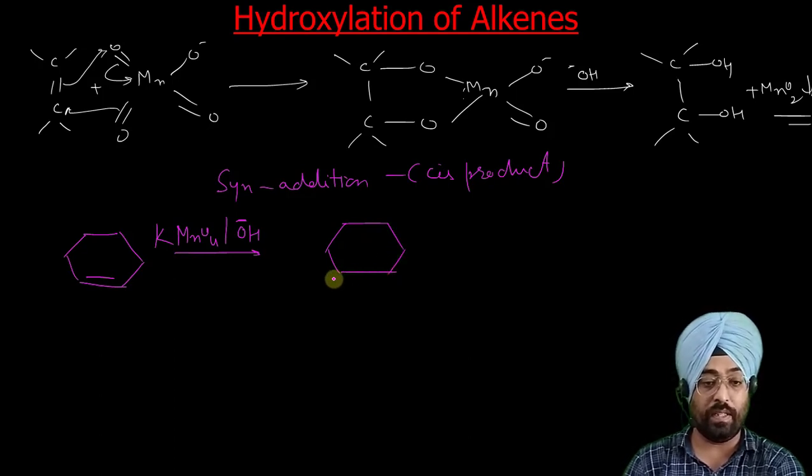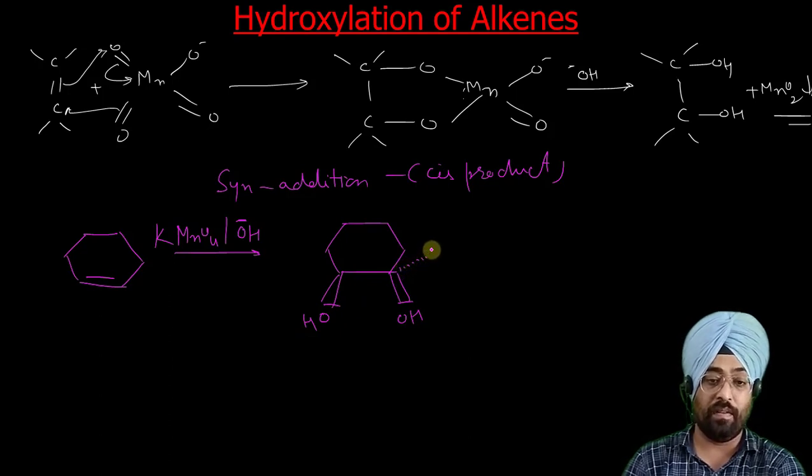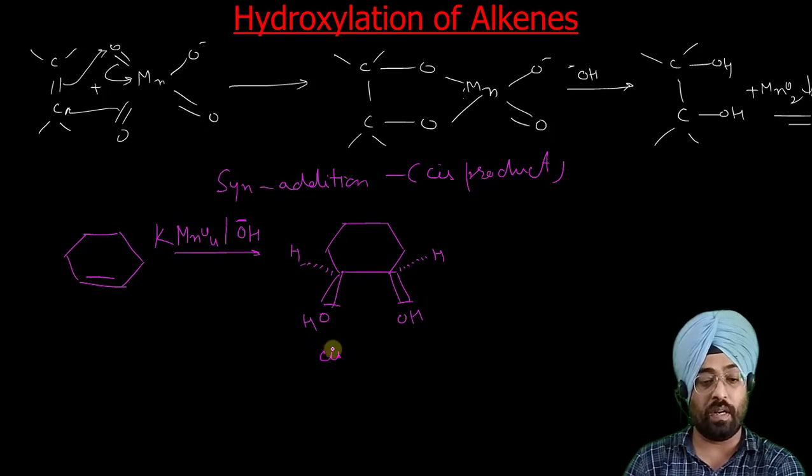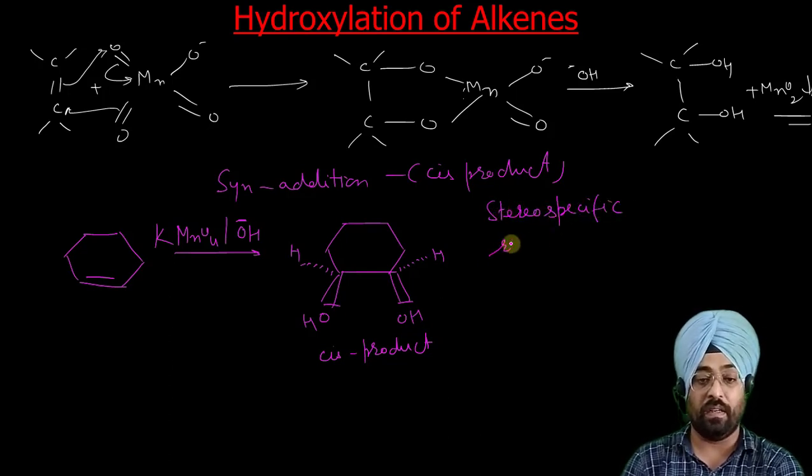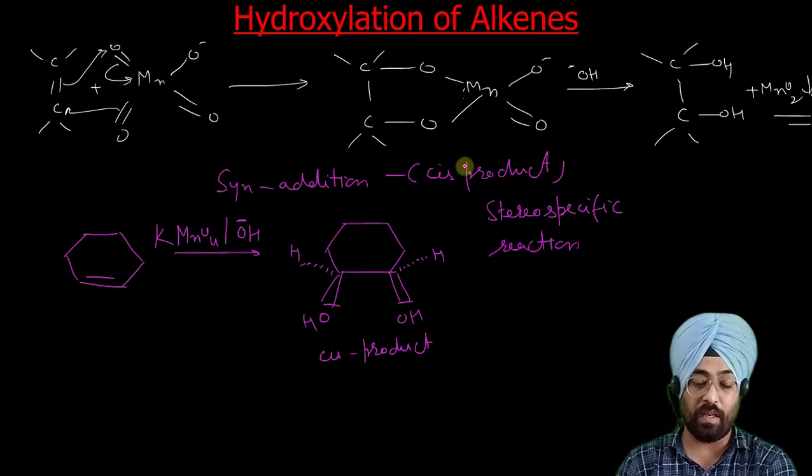Both the OH groups will be on the same side, either up the plane or down the plane, plus we have these two hydrogens, so we basically get a cis product. That's why this reaction is stereospecific. You have to remember that hydroxylation of alkenes with osmium tetroxide and KMnO4 takes place in a syn fashion.